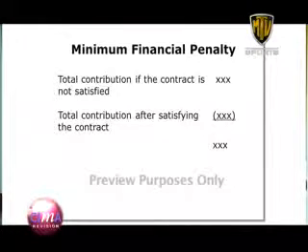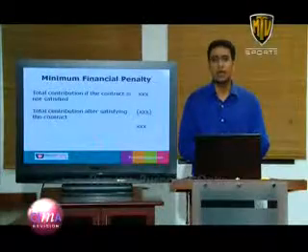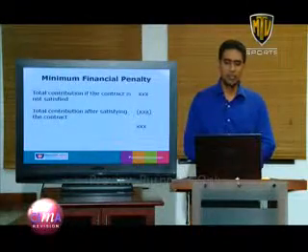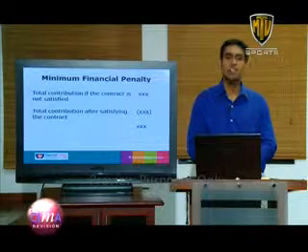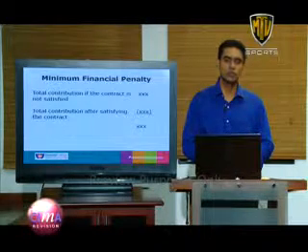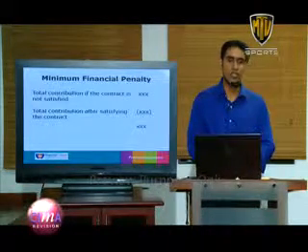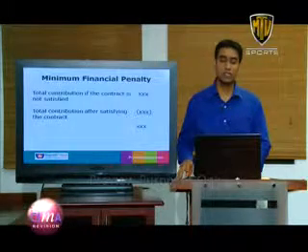Okay? So that's the second part of what the examiner is really capable of testing. It's important that you understand this. Now, if by chance we proceed with the contract, chances are we will earn a lower contribution. If you ignore the contract, chances are you'll earn a much higher contribution.